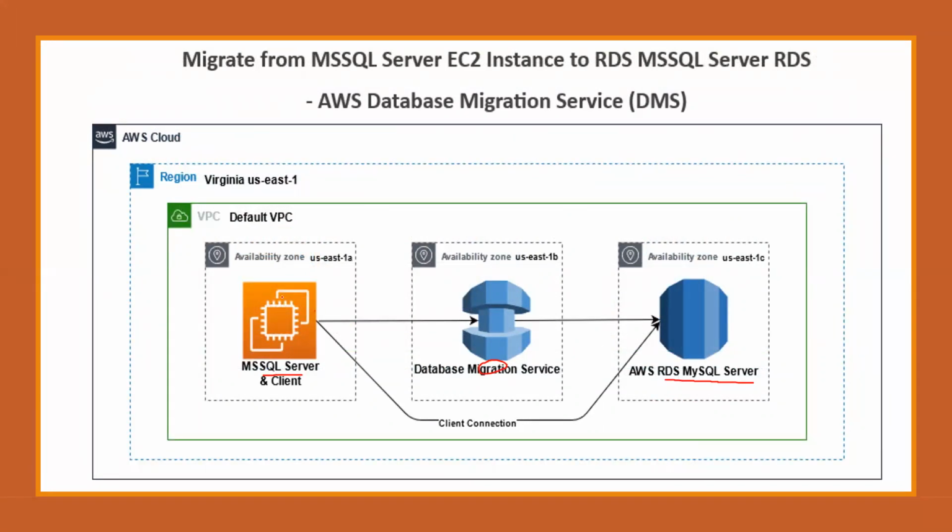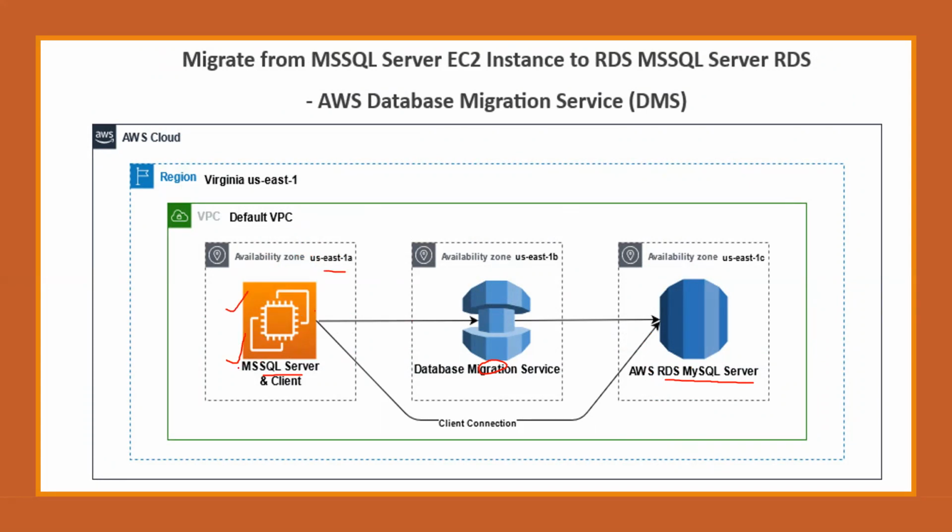My MS SQL server is on an EC2 system, but the same process can be implemented from our on-premises data system to AWS RDS. This is a migration process from on-premises to the cloud. For demo purposes, I have used a different EC2 system in a different availability zone.